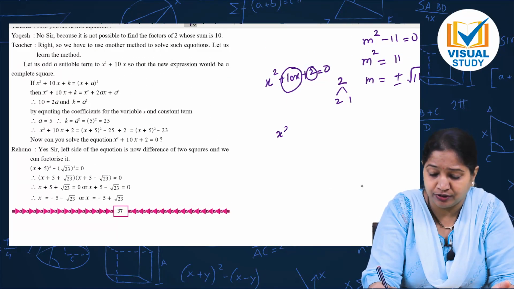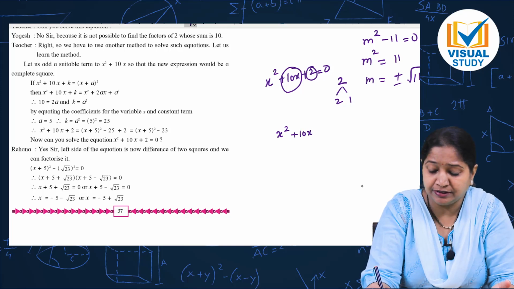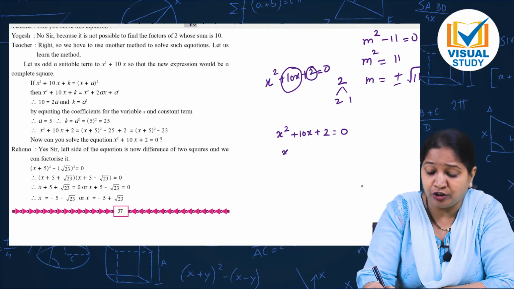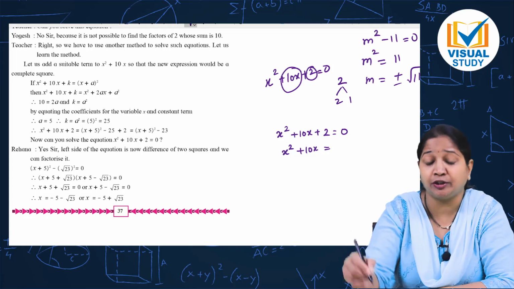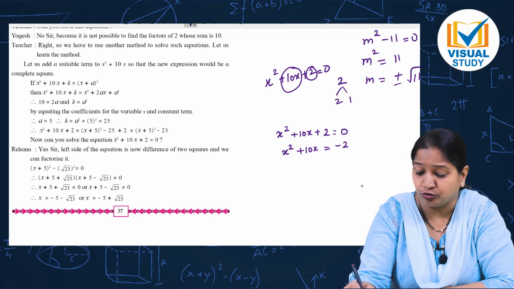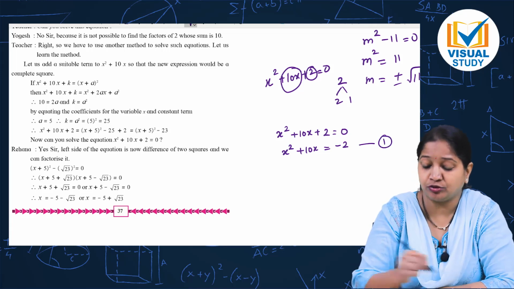Suppose x square plus 10x plus 2 equal to 0 is your equation. First of all, x square plus 10x equal to, shift that 2 to this side, minus 2.